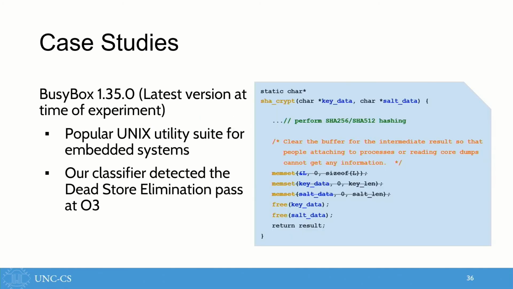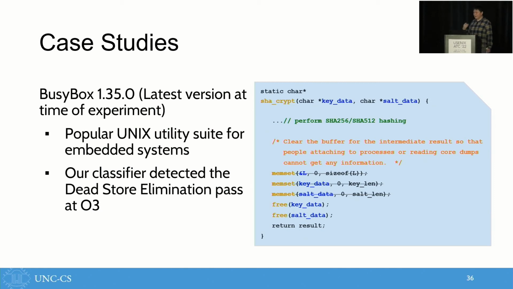And finally, since our main motivation is to help developers and analysts detect potential issues in their code induced by compilers, we ran case studies to show that our tool can assist developers in the real world.